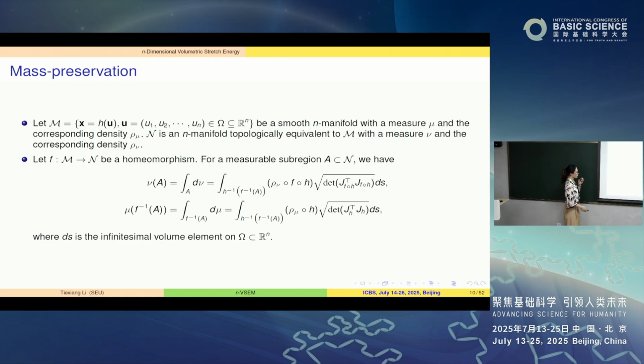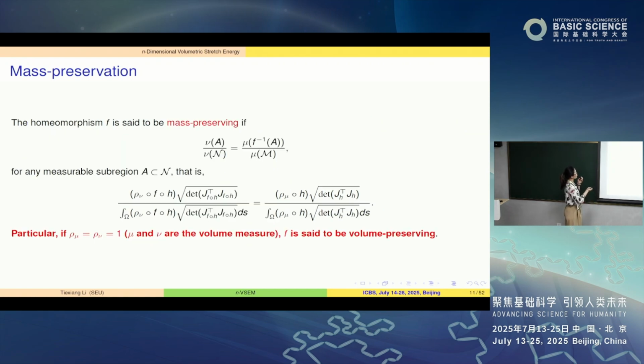Based on these concepts, we say mass preserving means that if the ratio of this one is equal to this one, then we call this map F mass preserving. The ratios are equal to each other.